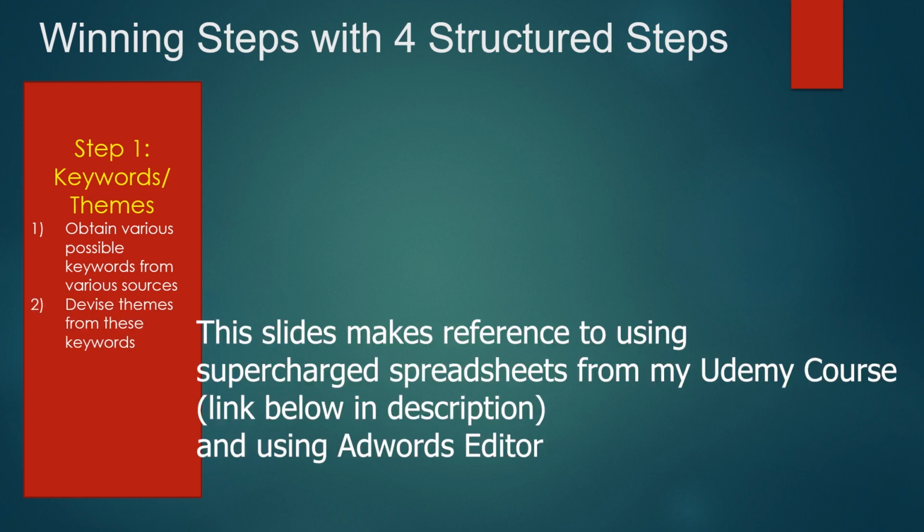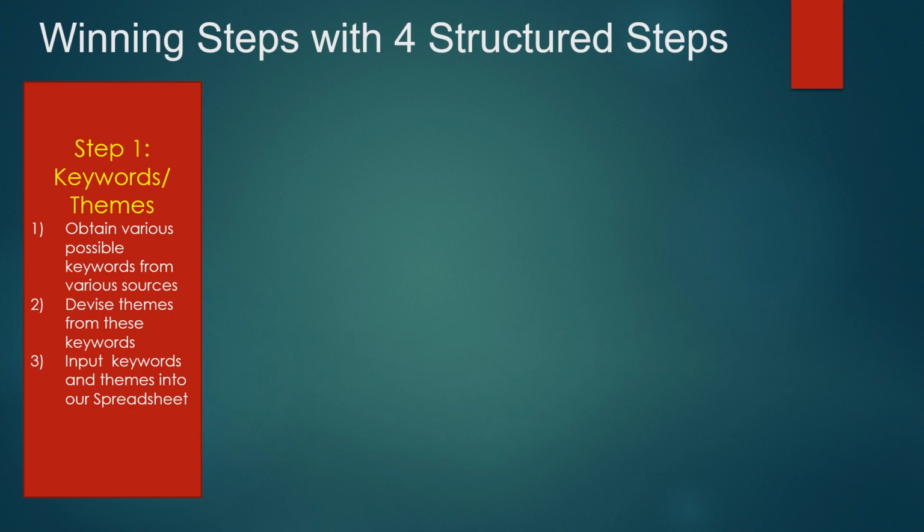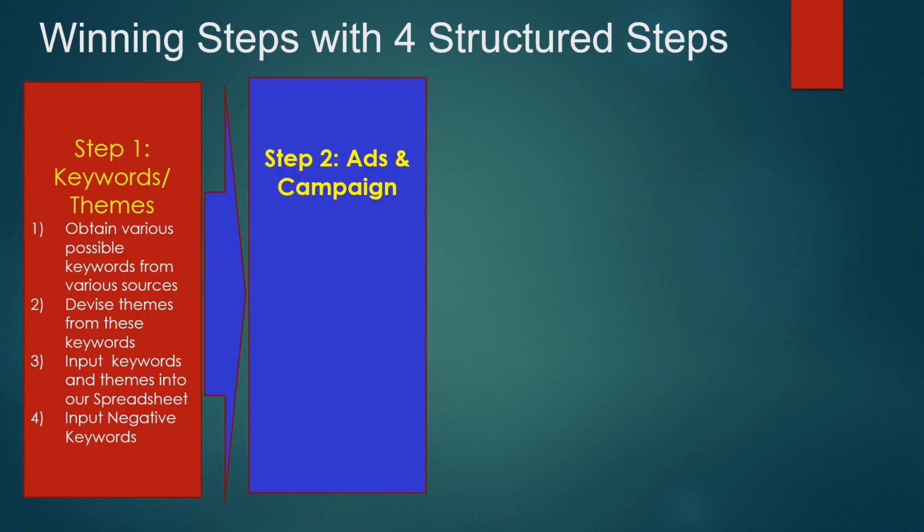Once you have these keywords, you need to devise themes from these keywords. With these themes in mind, you have to input keywords and themes into our spreadsheet. You also have to input your negative keywords. Your negative keywords are just as important as your positive keywords.